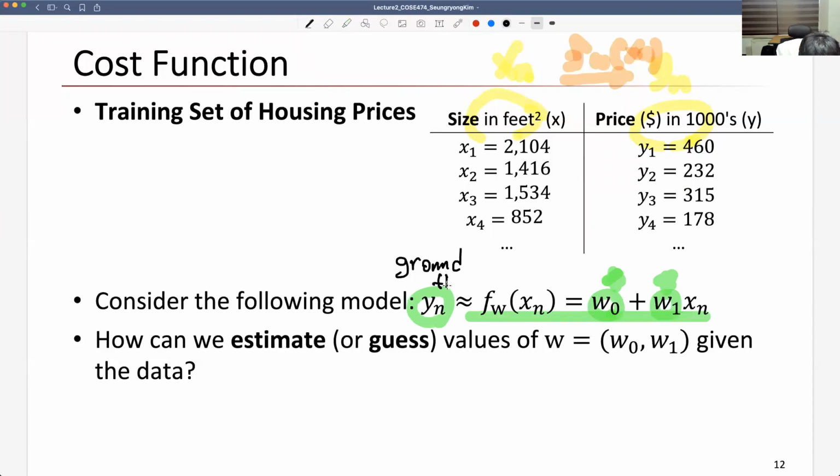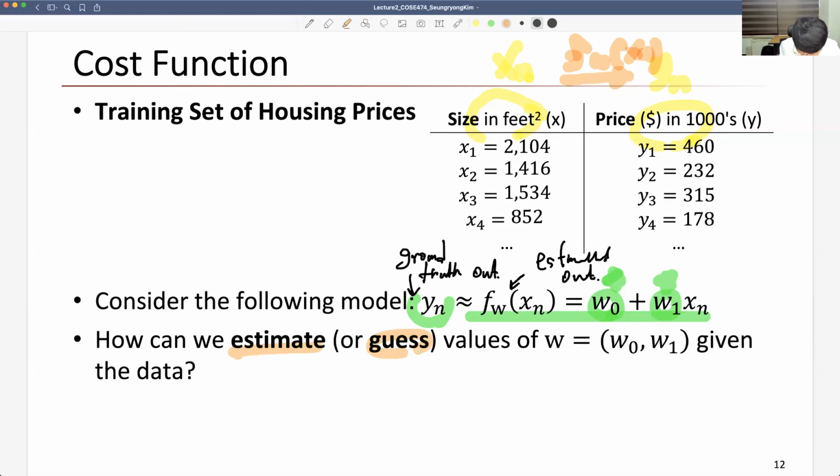So this is the ground truth output, and this is the estimated output. In other words, how can we estimate or guess the value of W given the data?